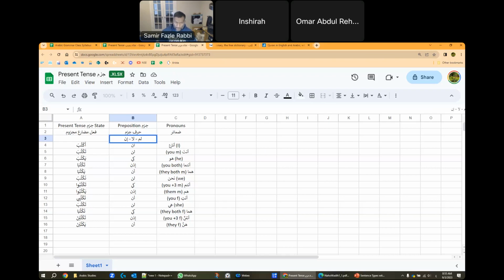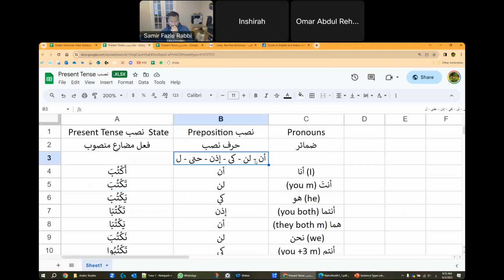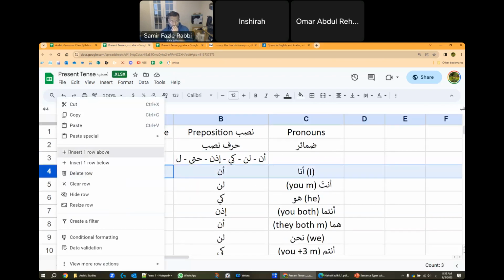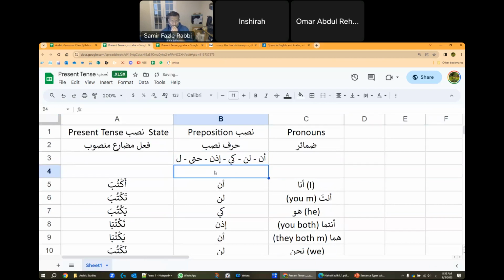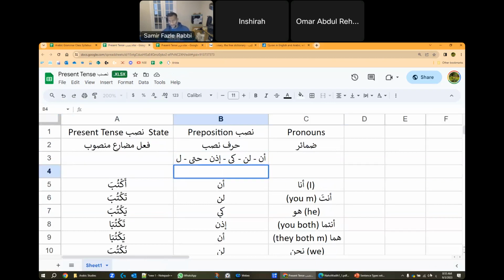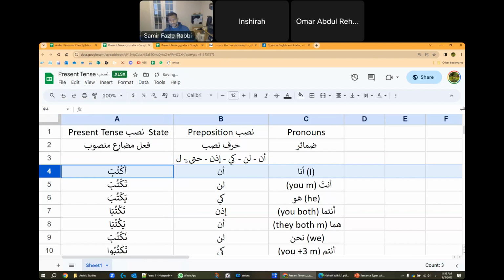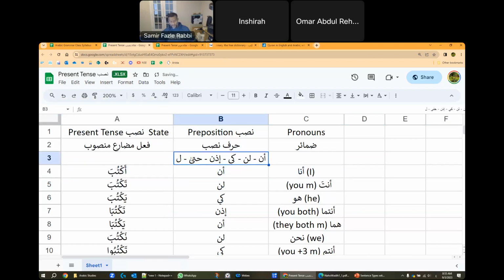Yeah, that's a good idea. I should have done that on the other one. Let's go back here and do that one here too. Maybe it's better if I just put it on the side. So let's just put this guy on the side here. That's what we'll do.